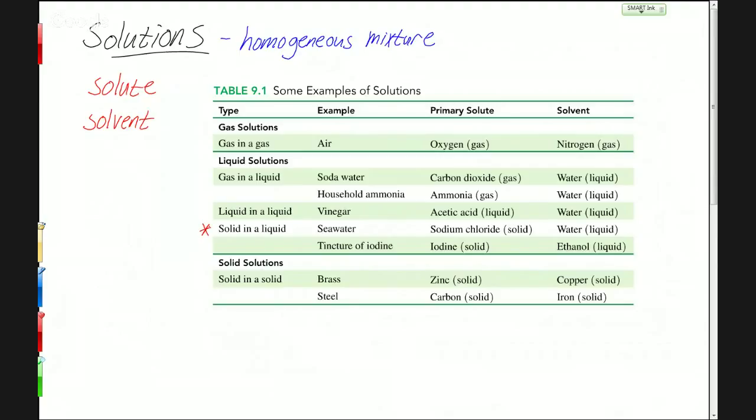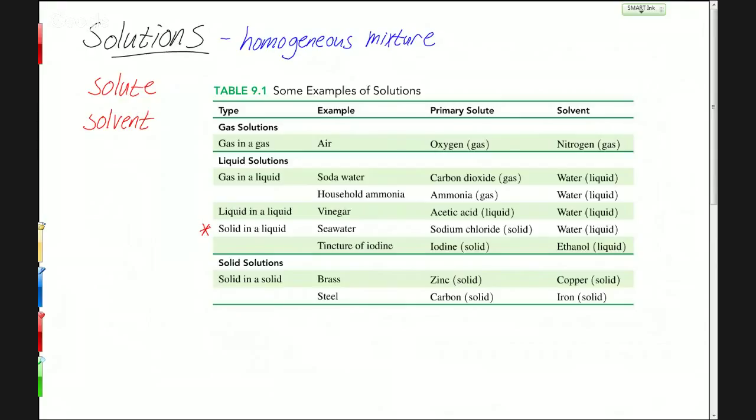A solid dissolved in a liquid. But there's actually all kinds of different solutions. You can have a liquid dissolved in a liquid, like when we use acid solutions in lab, like 6M HCl or 5% HCl. That's a gas dissolved in a liquid. Something like vinegar or alcohol that you buy in the store would be a liquid dissolved in a liquid.